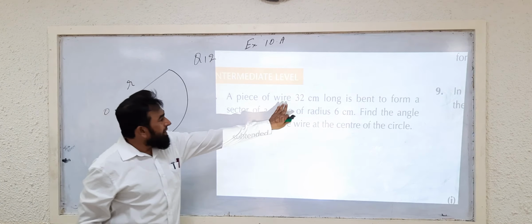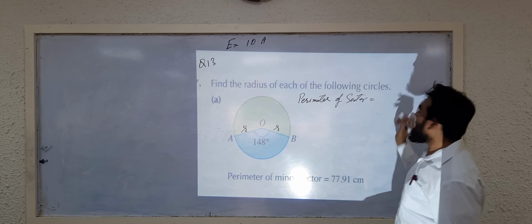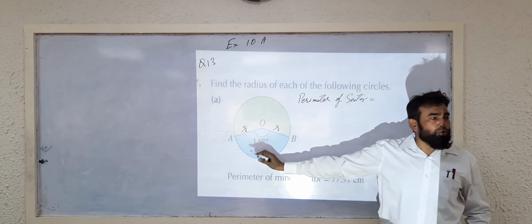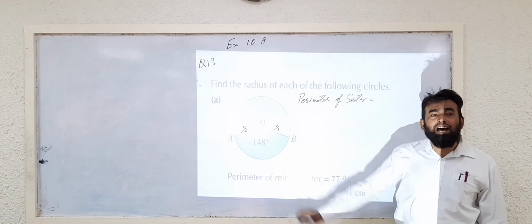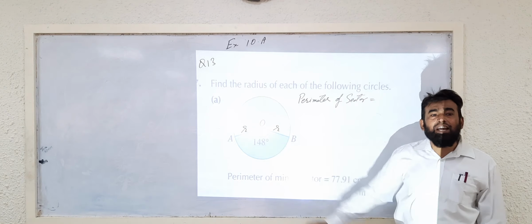You can see that the perimeter of the minor sector is given. Again, the same concept you have to apply, whatever I applied in the previous question. In the perimeter of sector, you will have to identify the lines. 2 radii are included and this length of arc is included.